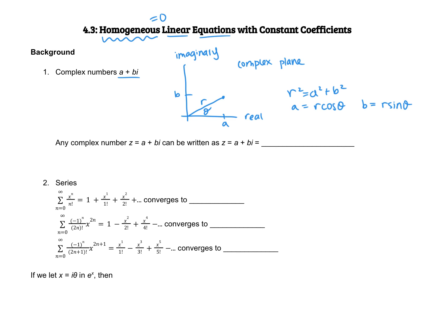Any complex number then, z, which is equal to a plus bi, can be written as our a component is r cosine theta, and our b component is r sine of theta multiplied by i. If we factor out the r, that is cosine theta, plus i times sine of theta, or an abbreviation for this is r cis theta.